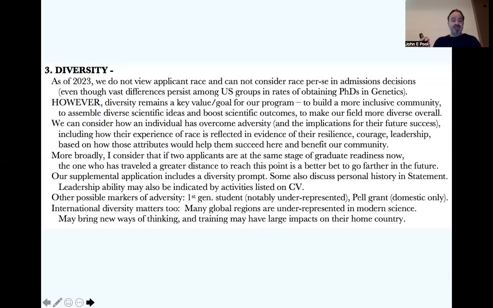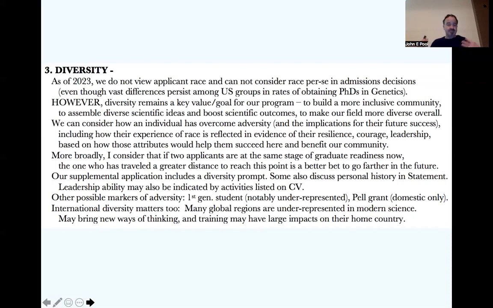So I also have a big block in here about diversity, partly clarifying the current situation. So we don't even view race beginning this year of each applicant. And yet, we want to have a graduate program that is diverse in many regards for all of the reasons that I previously mentioned. So how are we going to do that?